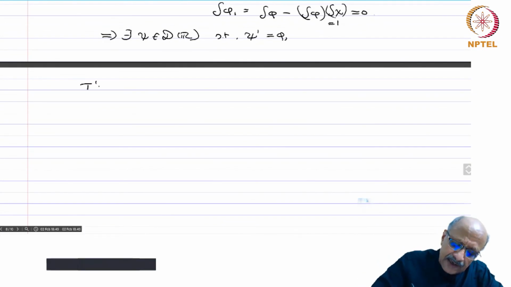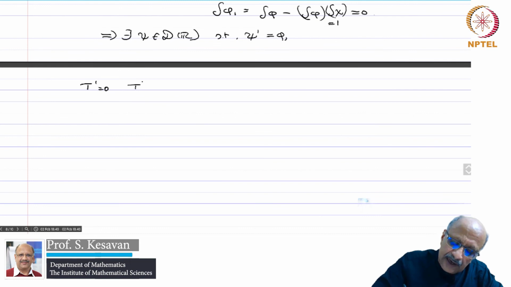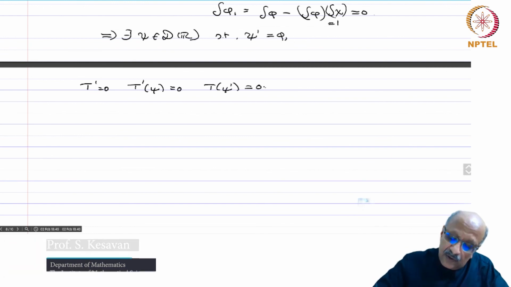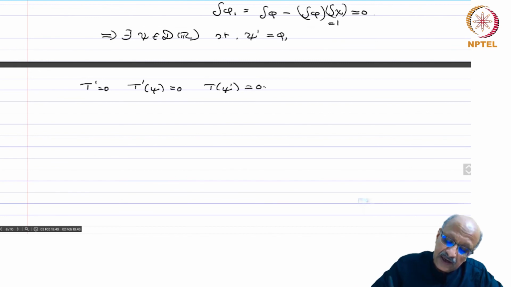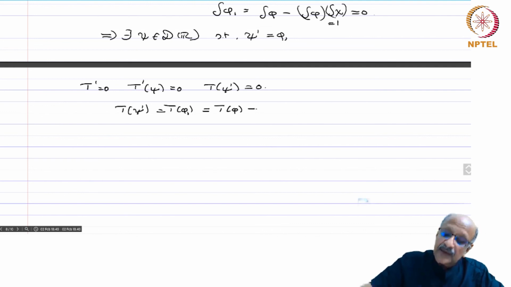Now T dash equal to 0, so T dash of psi equal to 0, that is T of psi dash equal to 0. And what is T of psi dash? T of psi dash is T of phi 1, which is equal to T of phi minus the integral of phi dx over R times T of chi.